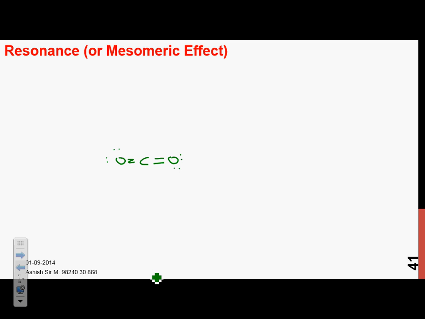If we consider each bond represents 2 electrons, this oxygen has 2 bonds, that is 4 electrons, and 4 non-bonding electrons. Total 8, this one also has 8. Is it understood? Clear? Now a very important point. Wait and see. After that, what happens?